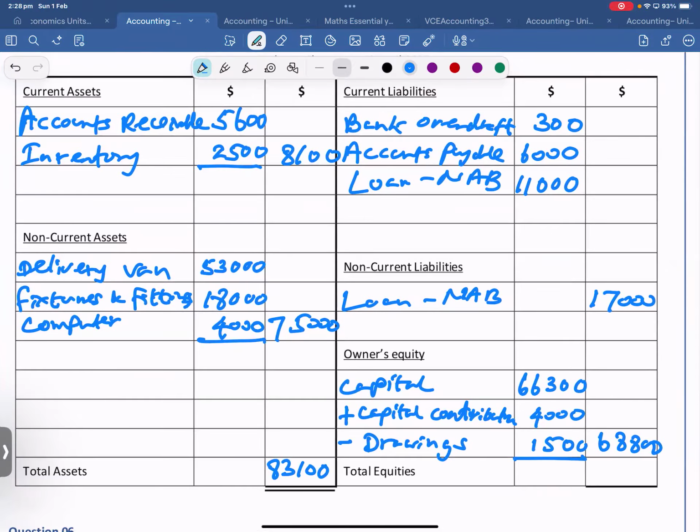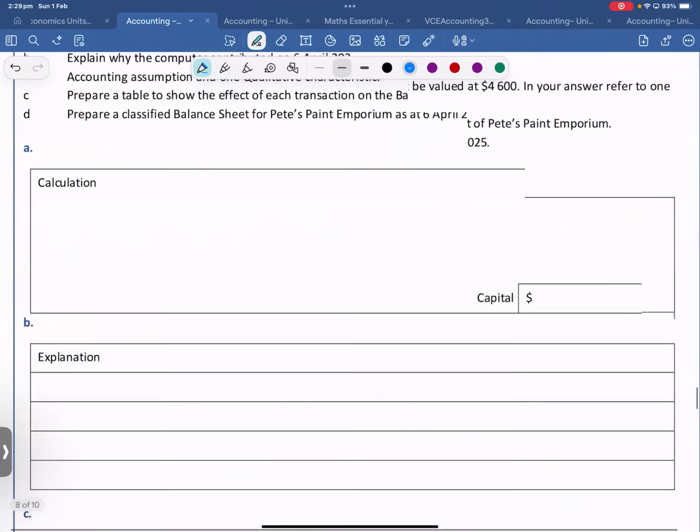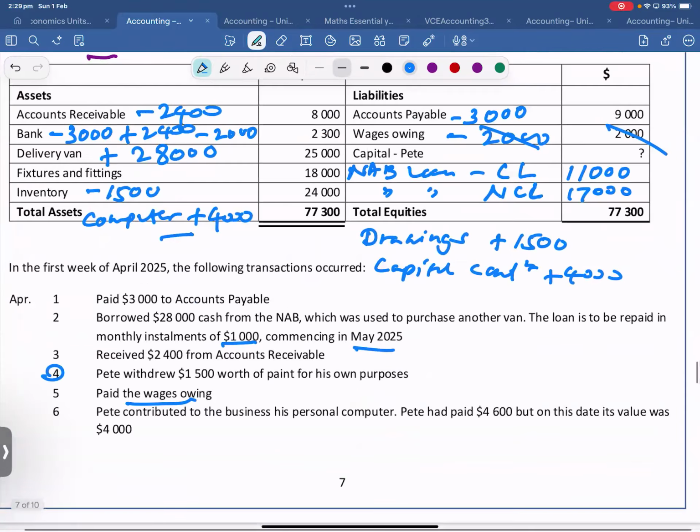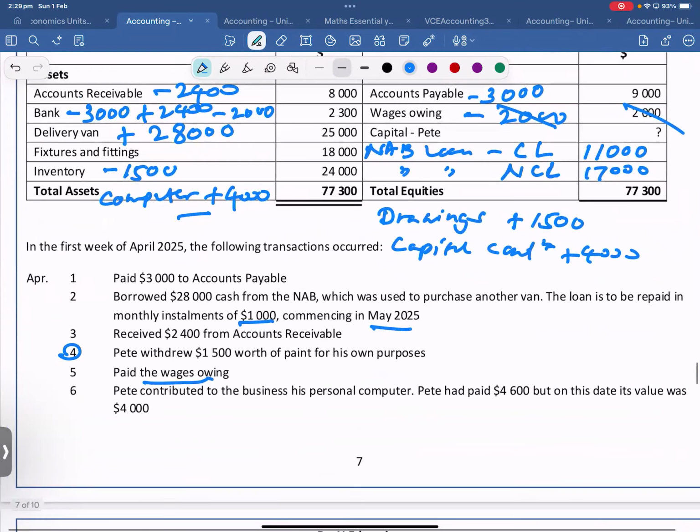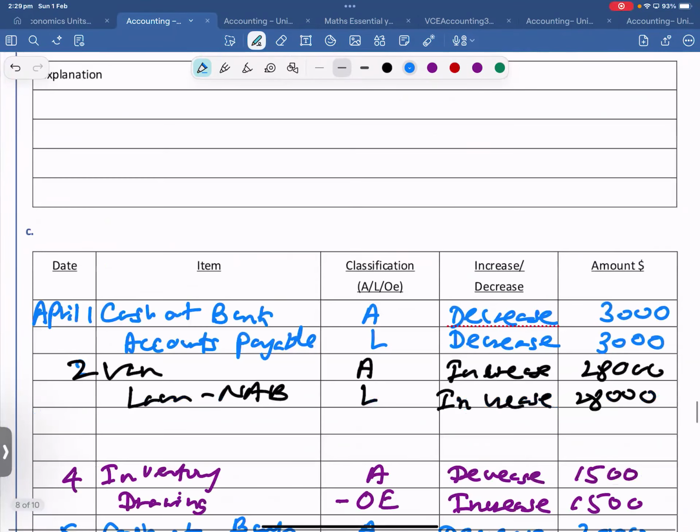Now inventory, I have made a mistake. Inventory is not 2,500, it is 22,500.